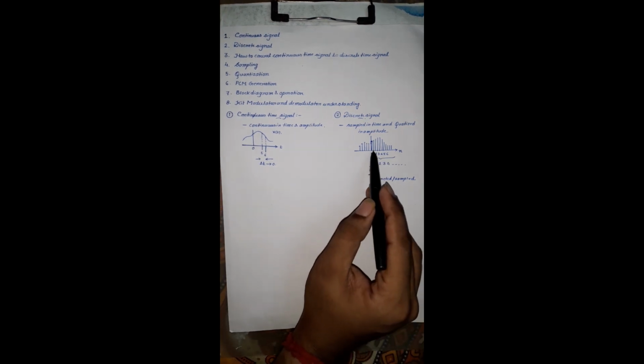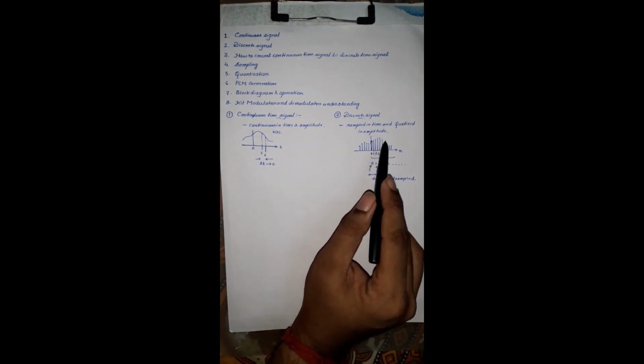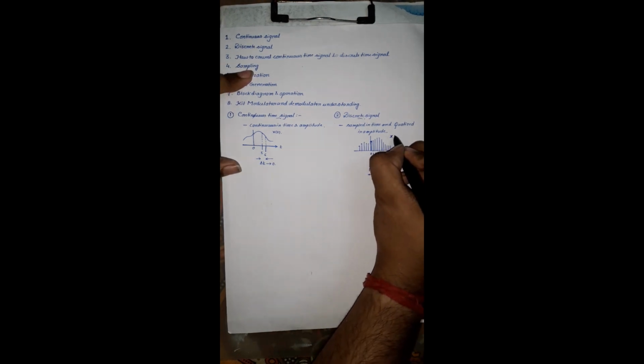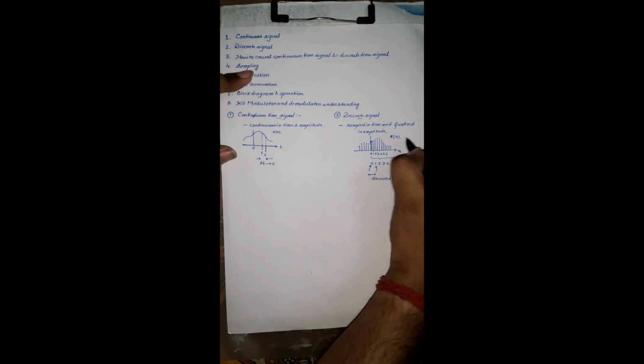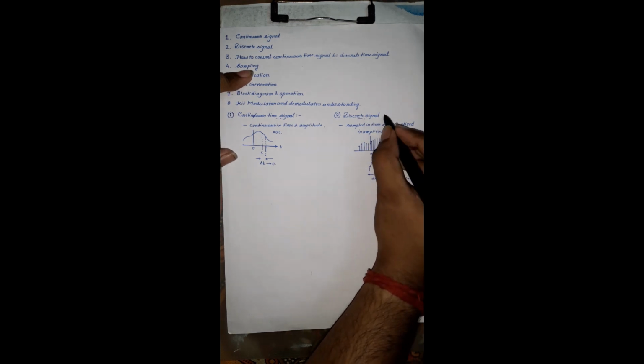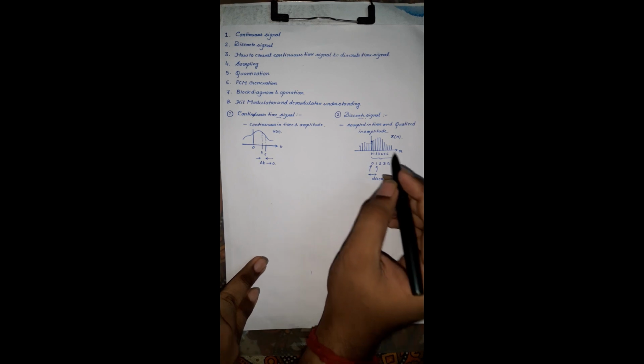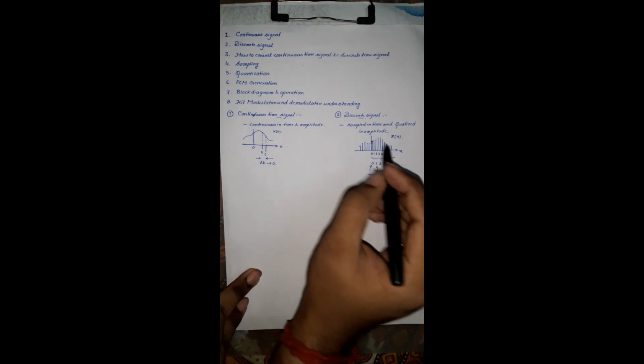And for each and every time interval we have defined some amplitudes of this signal, and this signal is denoted by x of n, because n is for a discrete signal. And x of t, with t, is for a continuous time domain signal. So this is the basic difference.